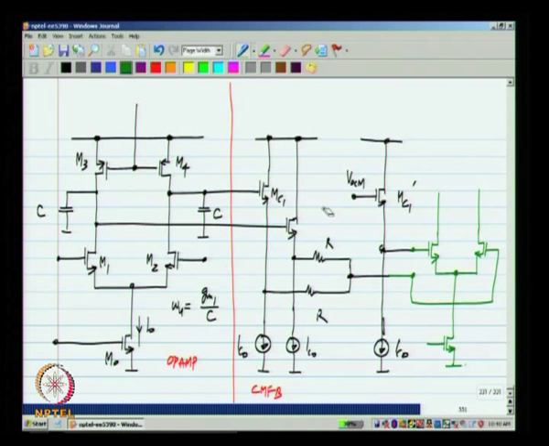Let me change the notation a little here. I will call these transistors MC11 and MC12, and this is MC11 prime. Okay. And these are all equal to IC11. So, the single ended single stage op amp looks like this.